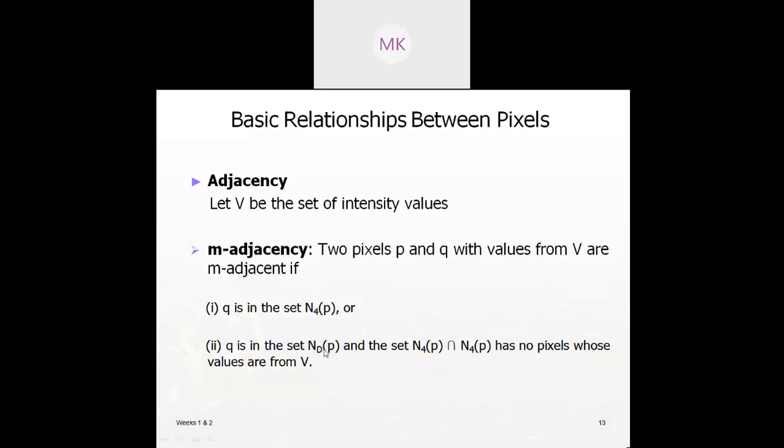The intersection of the 4 neighbors and the 4 diagonal neighbors should have no pixels in common. So you need to remember two rules: Q is in the set of 4 neighbors of P, or it is in the set of 4 diagonal neighbors of P and the intersection of these two has no elements in common.